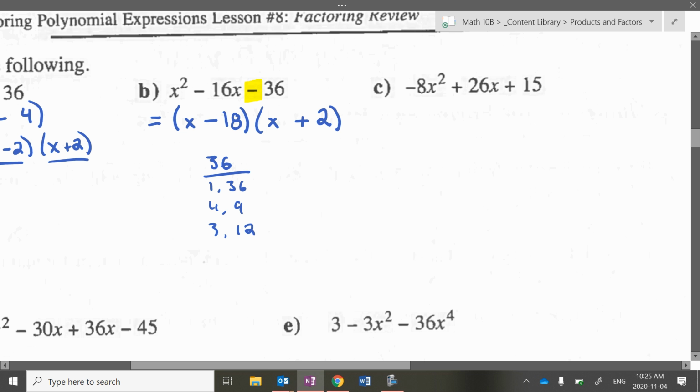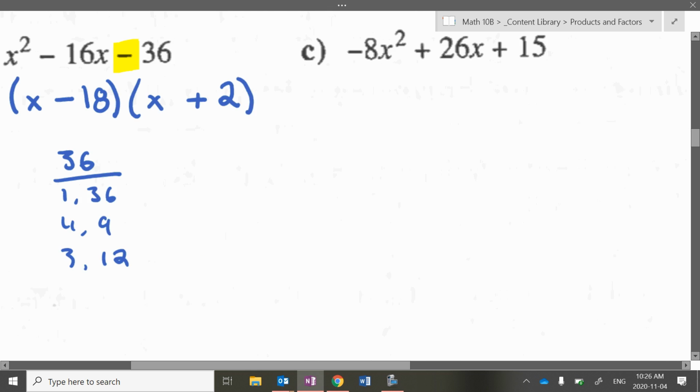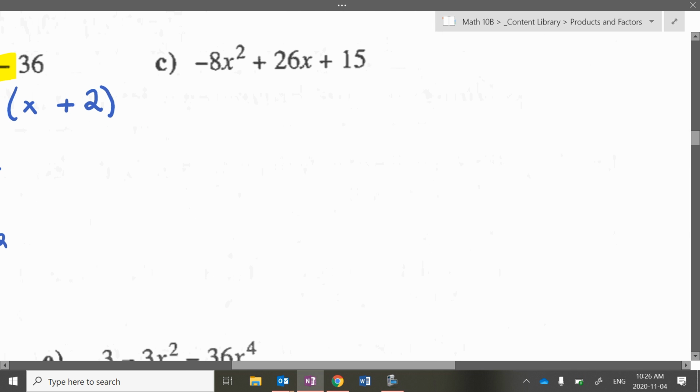Okay, C. What I really like about C is, is there a greatest common factor? Are we sure about this? Probably is. Yeah. Good. No, there is not. 2 doesn't go into everything. 4 doesn't go into everything. 8 doesn't go into everything.